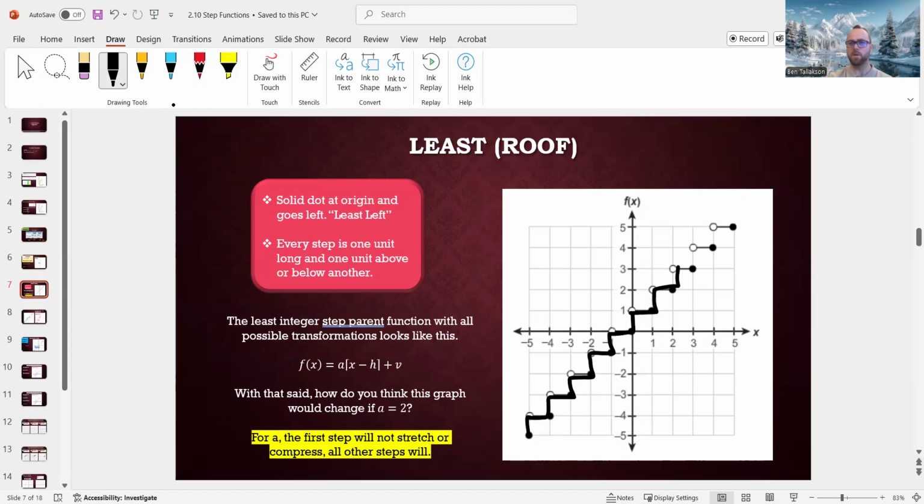We can keep going forever. That's how it's spaced out. Again, we just graph the first one because then we can apply transformations from there. Take a look as well at the least integer step parent function with all possible transformations. Write that down.